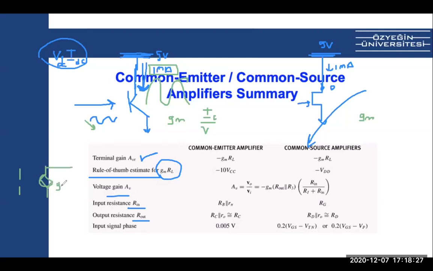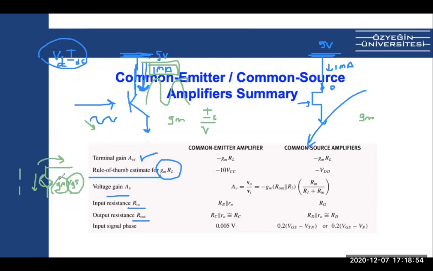That defines, I have a VGS small signal, and the current I'm getting at the output is gm times that, which means you want a big gm. You want your current at the output to be a big function of your input for a small DC consumption.